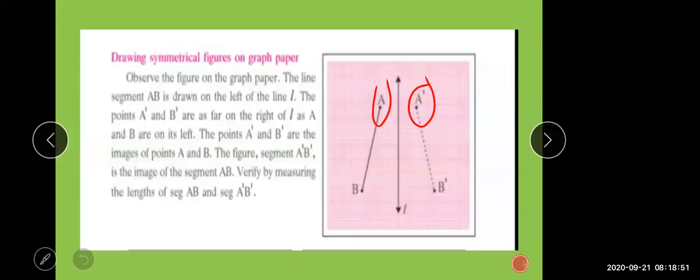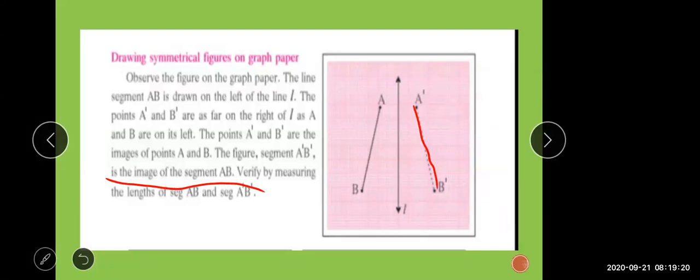It means if we join these two points A1 and B1, we will get a line segment. This line segment A1B1 is the image of line segment AB. We can verify it using a scale, measuring the length of these two line segments.